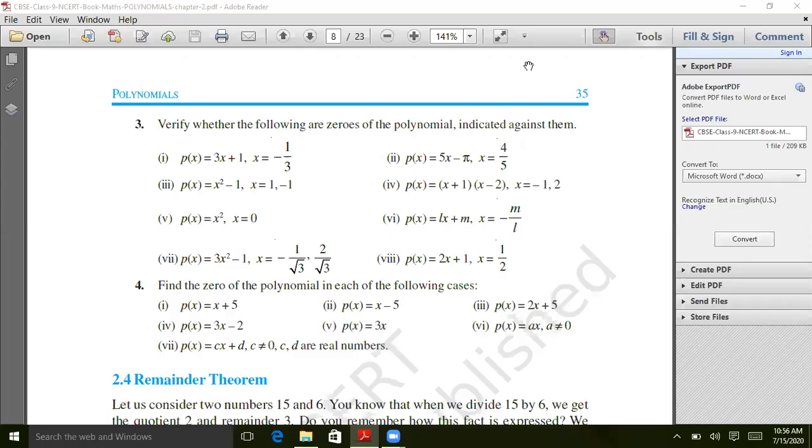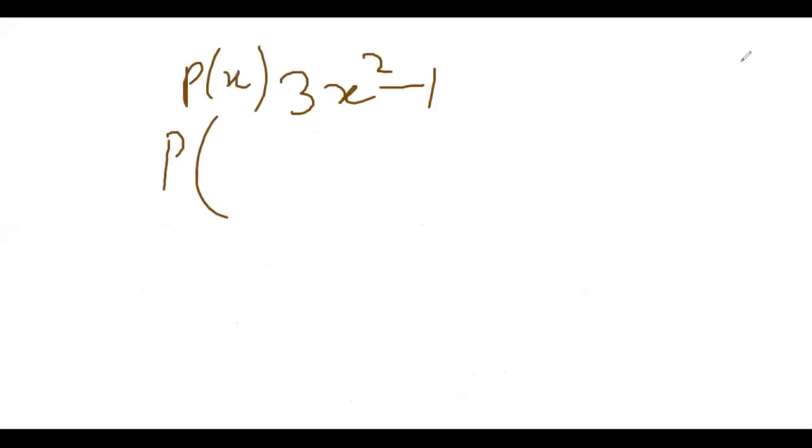Let's try the seventh part. p(x) is equal to 3x square minus 1, x is equal to -1/√3 and 2/√3. Firstly, we'll put x equal to -1/√3 and the expression is 3x square minus 1. Firstly, you will put x equal to -1/√3.